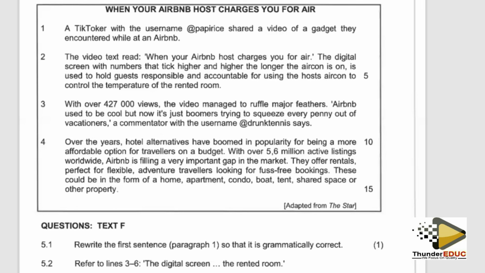TikToker is our subject. They is what is not in concord with it. It's one TikToker, so it must be he or she and not they. If they said TikTokers with the username, it would be they encountered. But because it's only one TikToker, the verb must change, and it must not be they, but he or she encountered. That is our grammatical error.